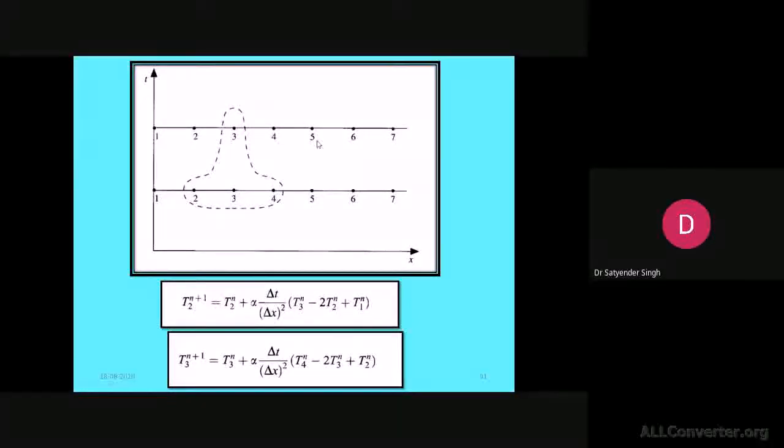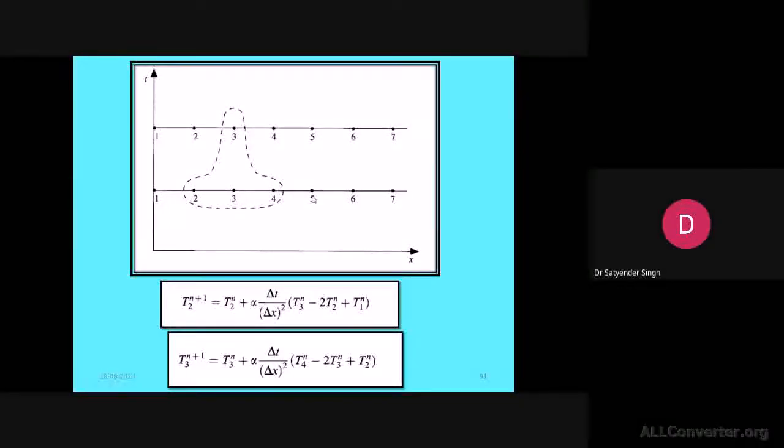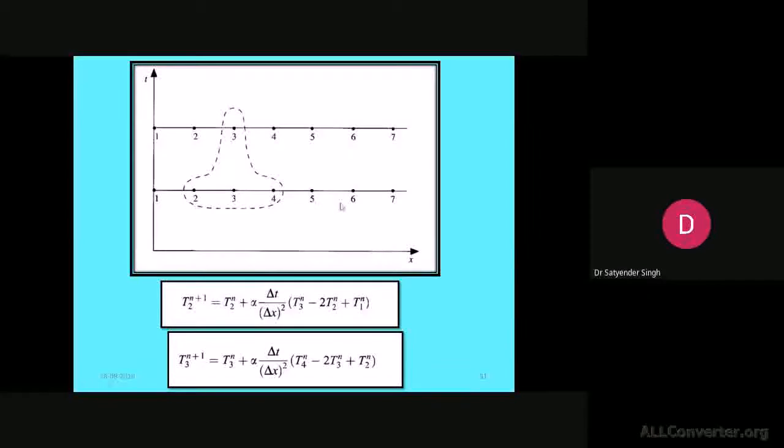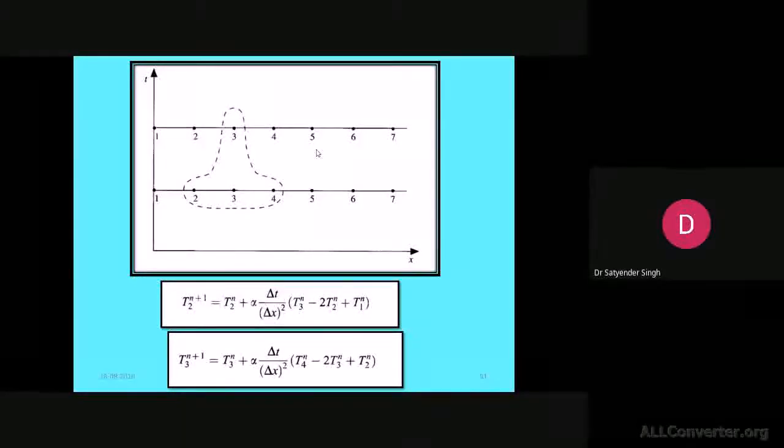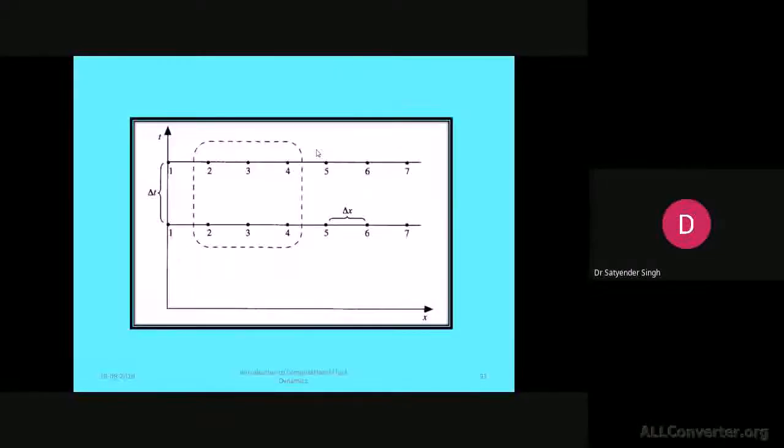Likewise, for 6, it will require the information of its initial state at 5, 6, and 7, then it can reveal the value for 6. So it has to be done one step at a time to finally give you the values for the different nodes. It is very time consuming, but more accurate compared to the implicit method.